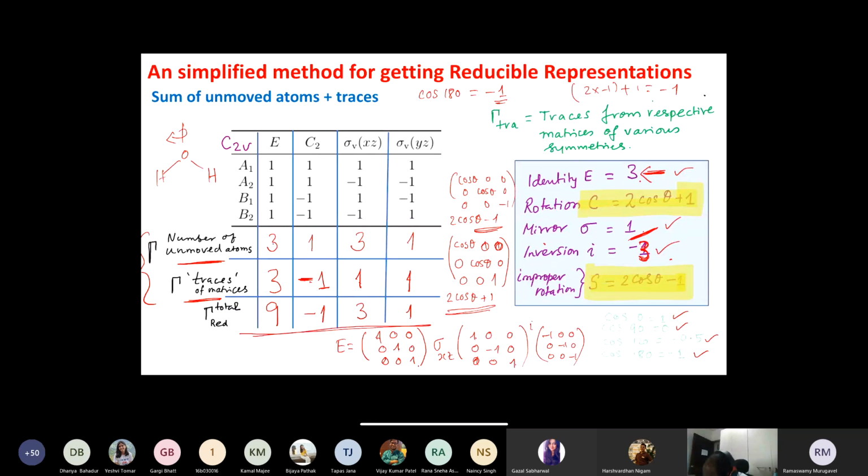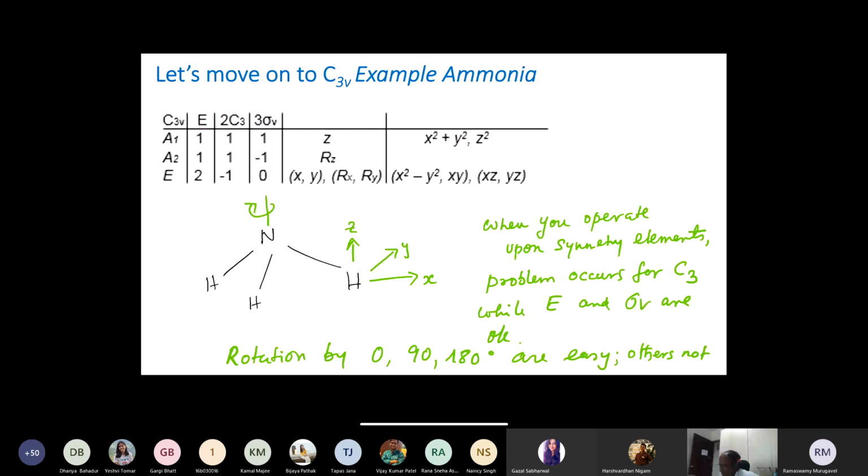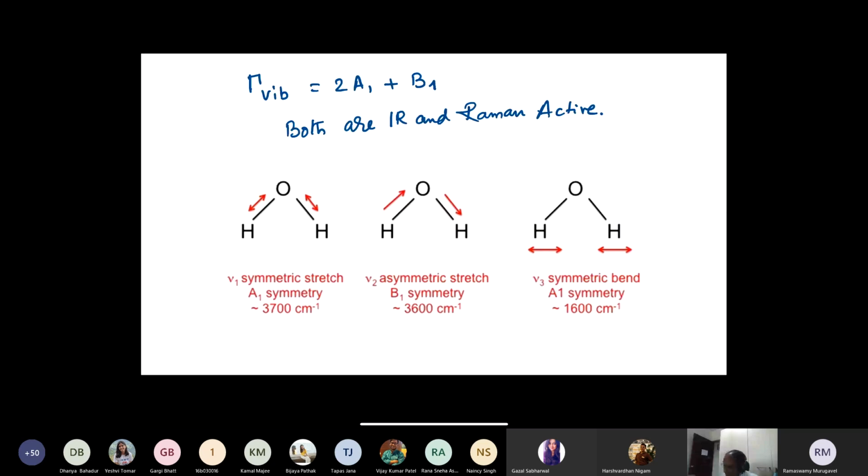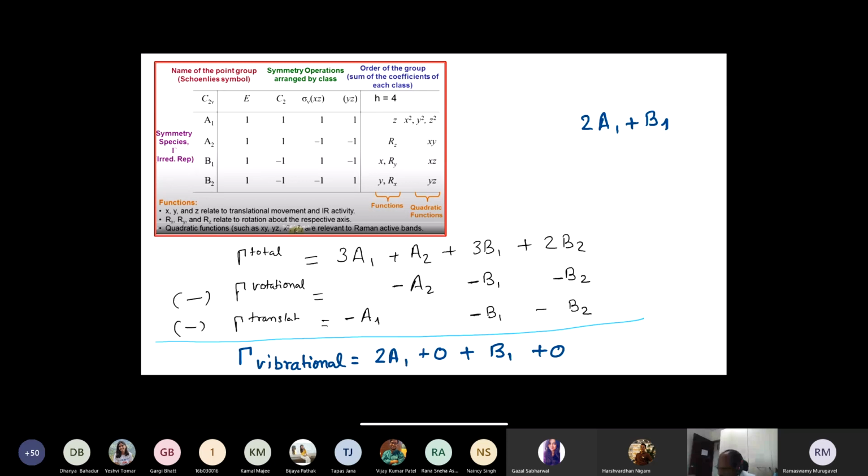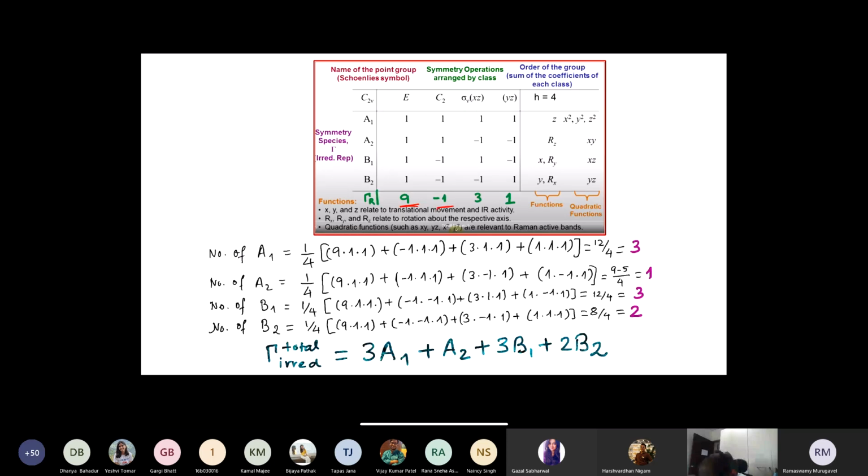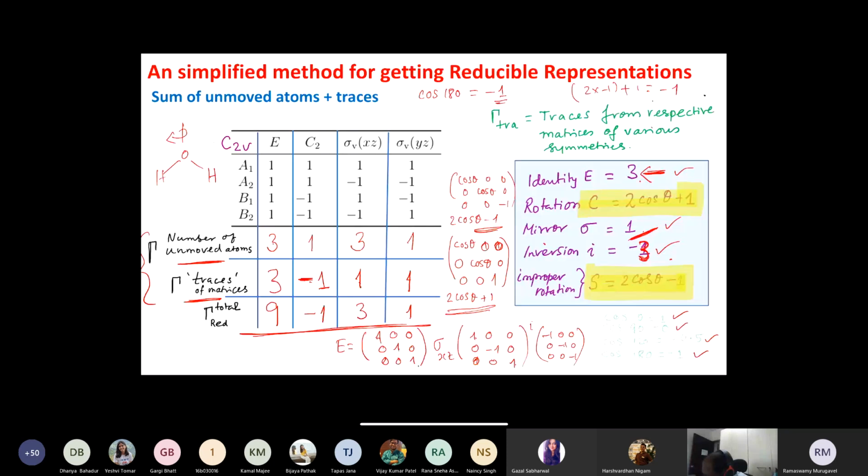So as you can see, this is what we did some time back using Cartesian coordinates. Look at the values: 9, minus 1, 3, 1. There we put a water and hydrogens, and put X, Y, Z for each of the atoms, and then we added it up. We have done the same thing in a slightly different way, with the same values.